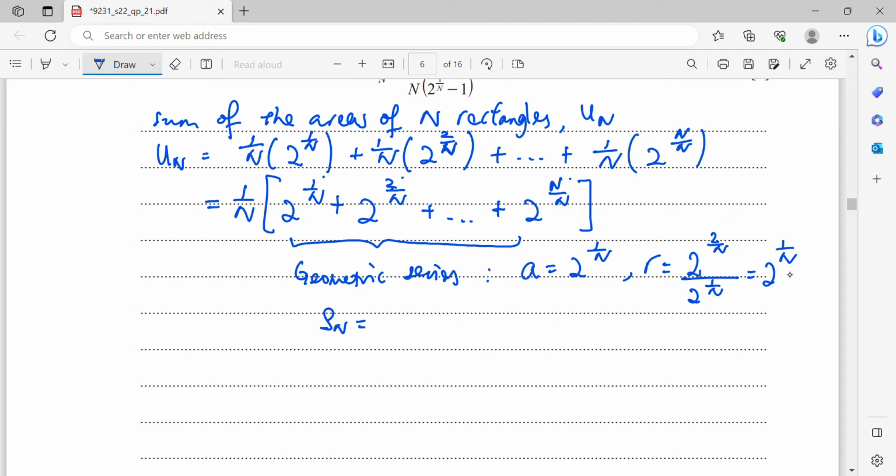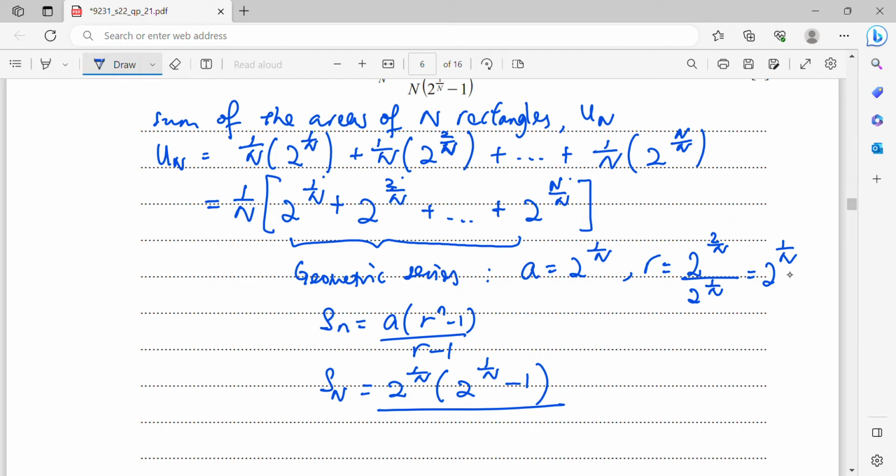So the formula for Sn is a bracket r to the n minus 1 over r minus 1. Now Sn becomes: my first term is 2 to the power of 1 over n, then r is 2 to the power of 1 over n, to the n minus 1, over 2 to the power of 1 over n minus 1.